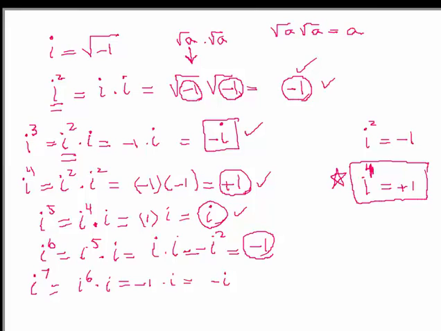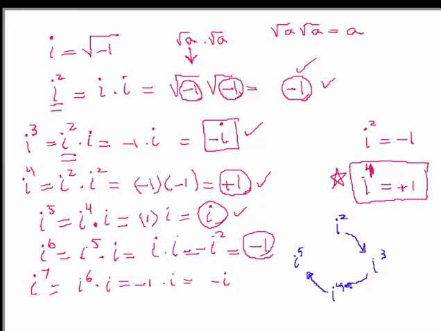You can see the pattern go from i to the power of 2, and then i to the power of 3, and then i to the power of 4. It's kind of interesting to look at, even if you're not going to use it.